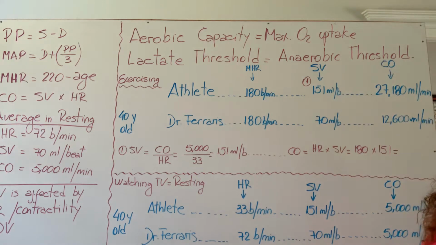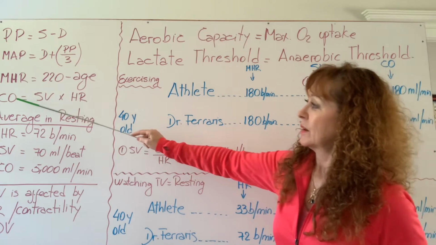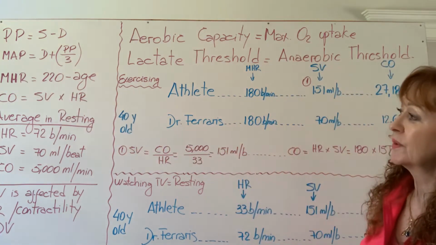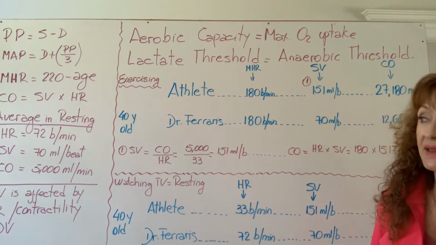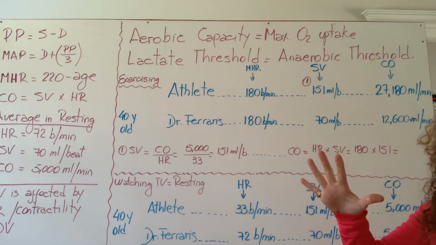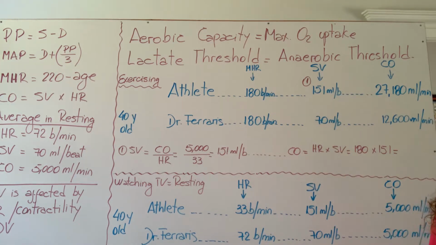Now, what is important is another calculation, the cardiac output. The cardiac output is calculated by the stroke volume times the heart rate. We mentioned the meaning of cardiac output: it is the volume of blood that is ejected from the ventricles during systole per minute.